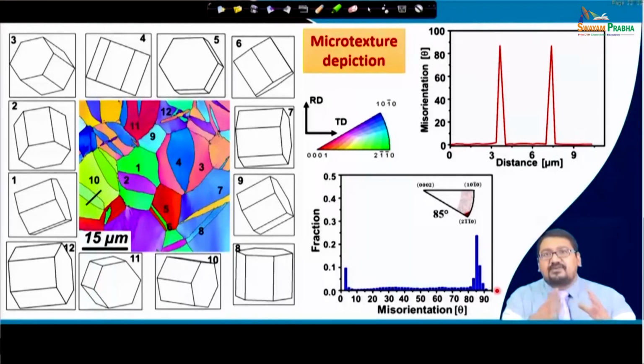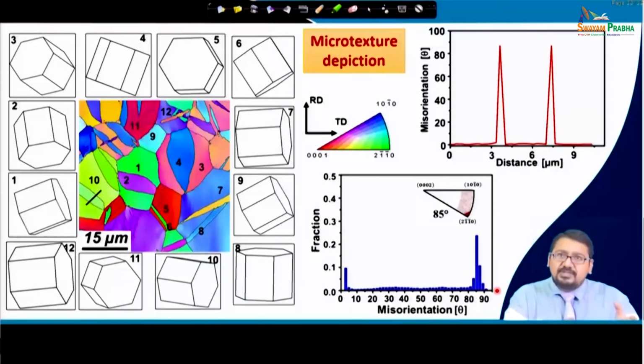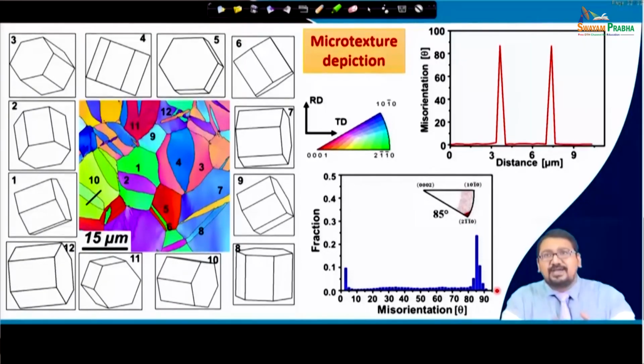Usually in quantitative microscopies like electron backscatter diffraction techniques, misorientation angles greater than or equal to 15 degrees are considered to be high angle grain boundaries, and they are considered to be grain boundaries, right. Those angles lower than 15 degrees are known as low angle grain boundaries or low angle boundaries, and they correspond mainly to geometrically necessary boundaries present in the material.